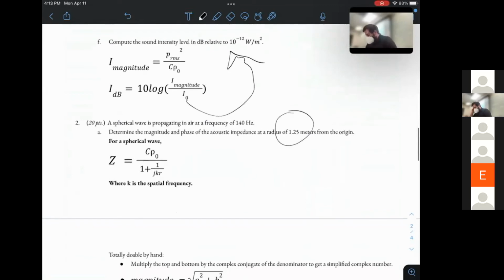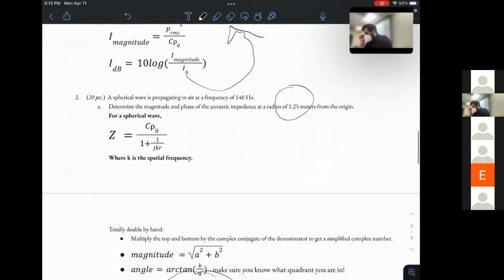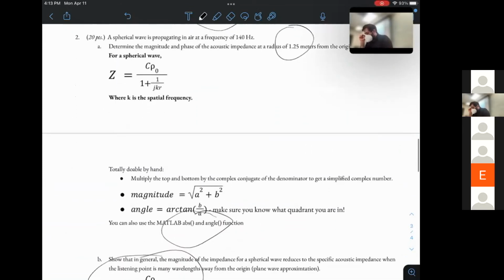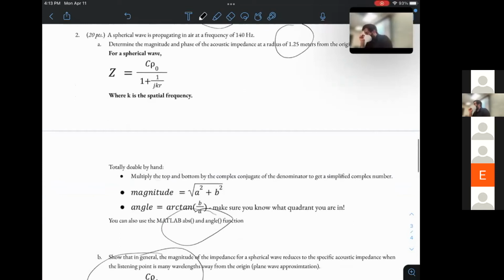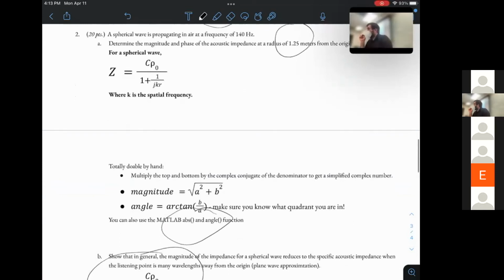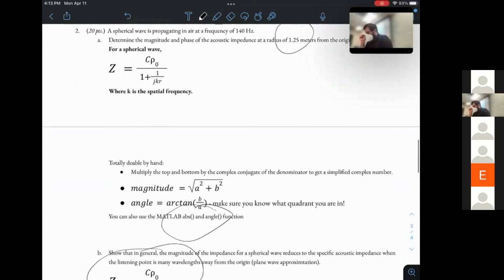A spherical wave is propagating in air at a frequency of 140 hertz. Determine the magnitude and phase of the acoustic impedance at a radius of 1.25 meters from the origin. We got more equations, right? We plug that stuff in, write those equations down, get them organized. Make sure you know what's what, right?